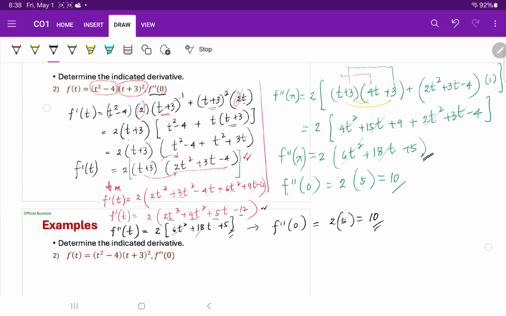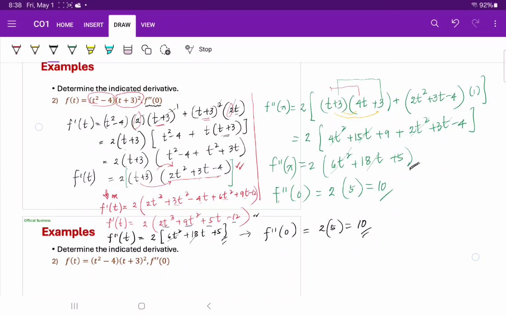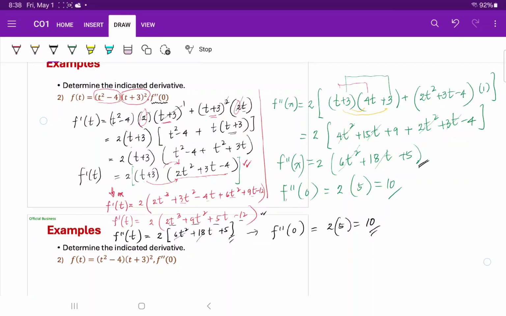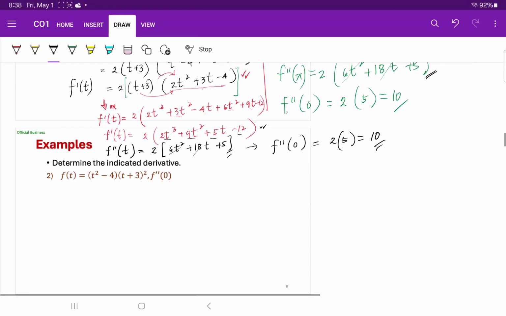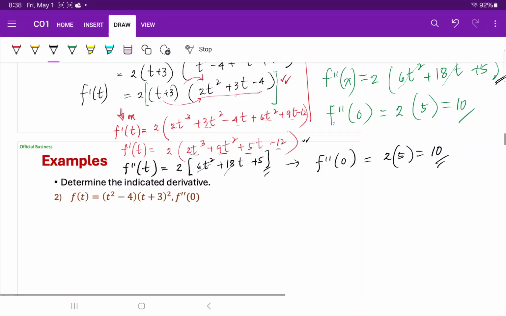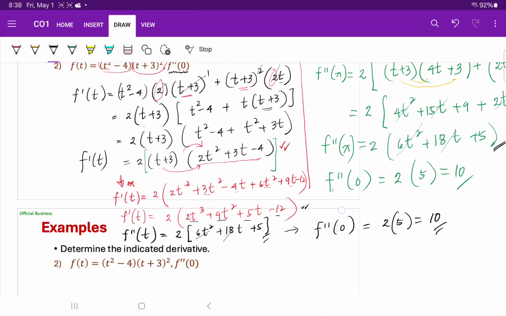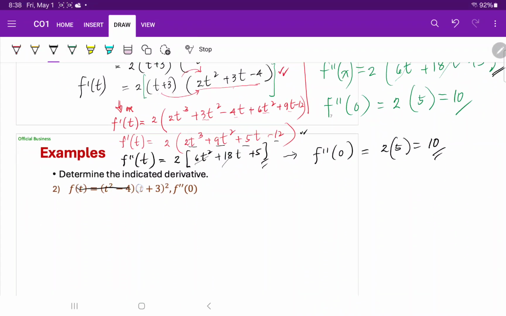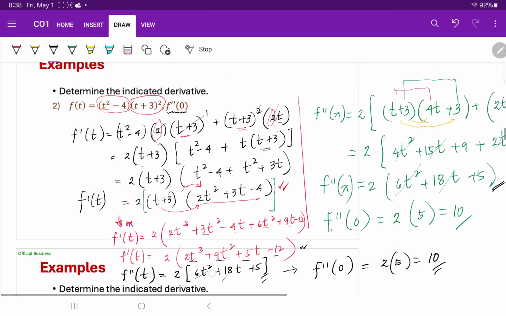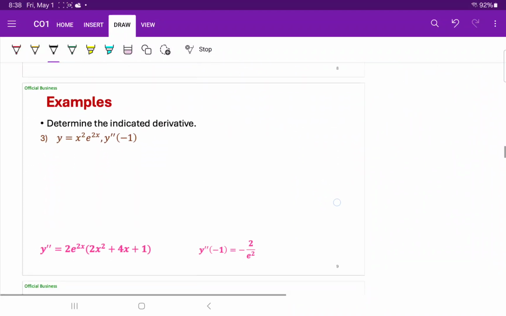Now this red solution is shorter, right? But any of the two solutions will give you the same answer. Okay, let's go over the next one. This is exactly the same, the same as this one. That's number 2 also. Okay, let's go to number 3.